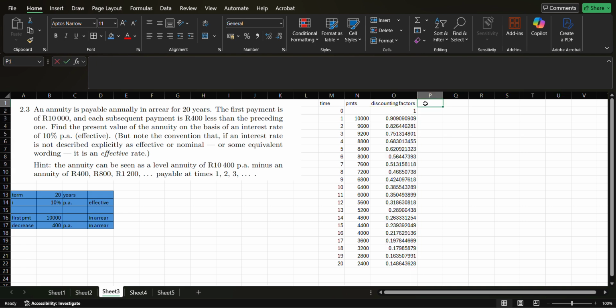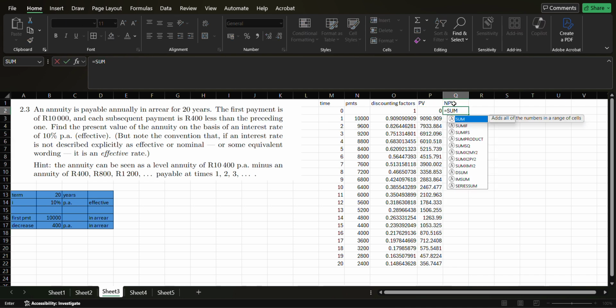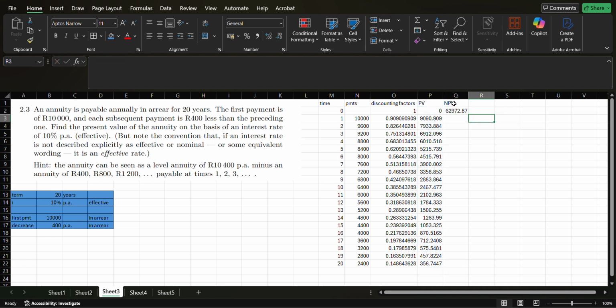And then we're going to do it both ways. We're going to get the PV, and then we're going to say the payment times discounting factor, and then drag that down. And then to get the net present value, we're just going to take the sum of all of these present values and add them up.